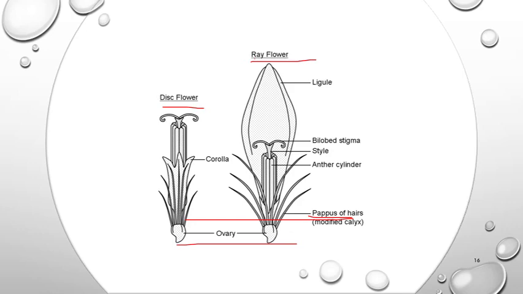These are the petals. After this we have the stigmas. This one is the style, and this one is the anther cylinder. But the main differentiation between the ray and disc floret is that the ray floret contains a ligule.